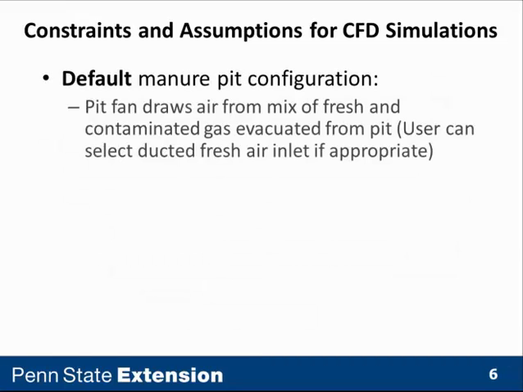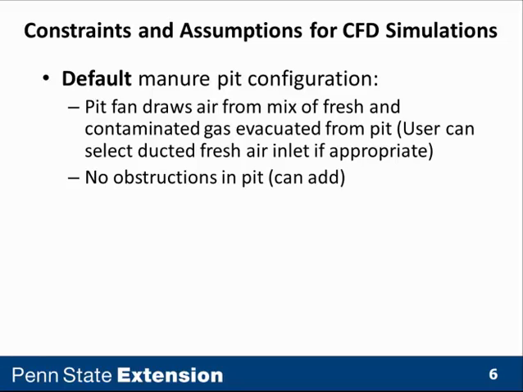The manure pit default conditions, we assume that the manure pit draws its air from a mix of fresh and contaminated gas directly from on top of the pit. The user can change this by selecting a ducted fresh air option, and that is that you have fresh atmospheric air ducted into the building to the fan that puts fresh air directly into the manure pit.